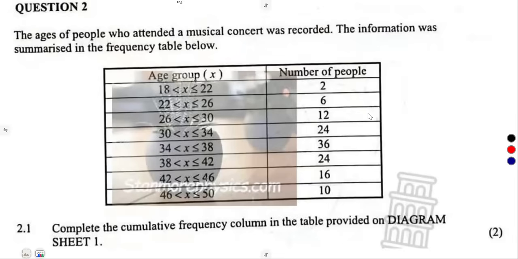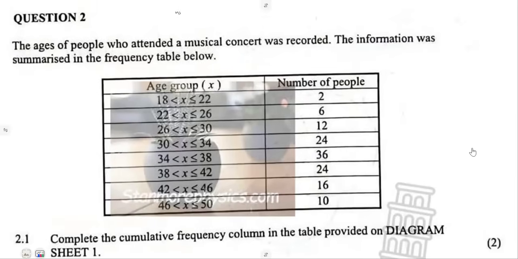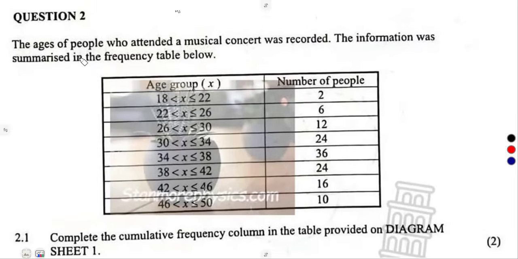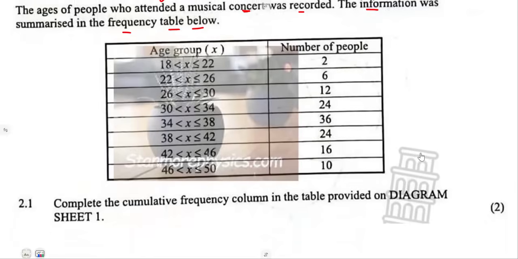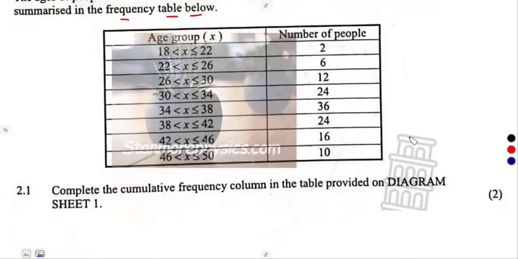All right, so another section on question number 2, we are given this information that the ages of people who attended a musical concert was recorded and the information was summarized in the frequency table below. So it was a musical concert, and this is the information that we are given, that is the age group X and also the number of people.